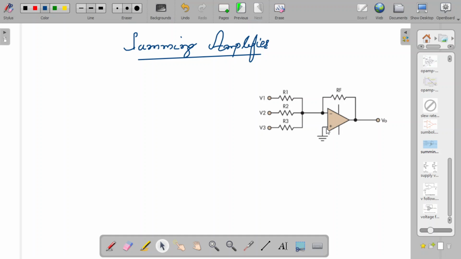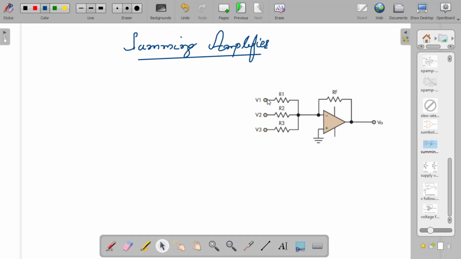You keep the non-inverting terminal grounded, and at the inverting terminal you give the resistors and the signals. You give many signals at the input, and the output you get is the sum of the input voltages, and that is why we call this a summing amplifier.